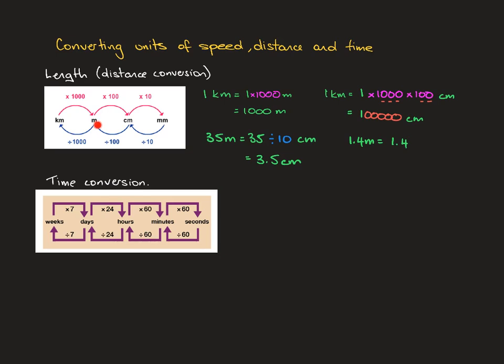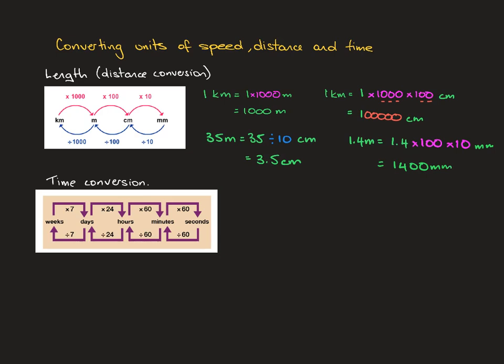The only way to get there is times by 1,000, times by 100 to get to the centimetres, and then I've got to times by another 10, and that gets me to my millimetres. When I do that on my calculator, I get 1400 millimetres.